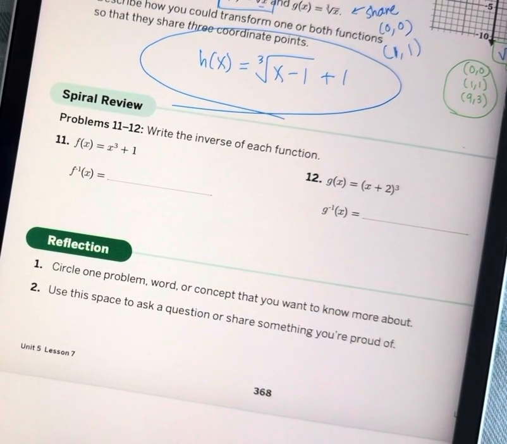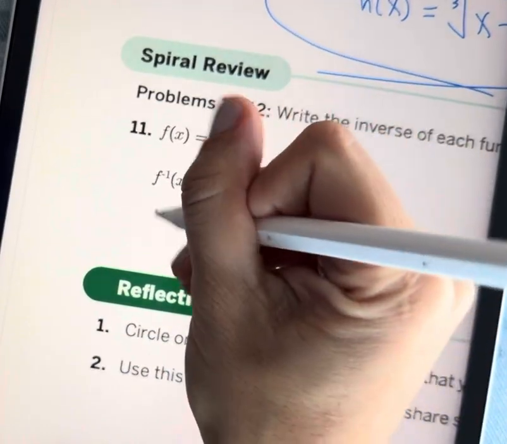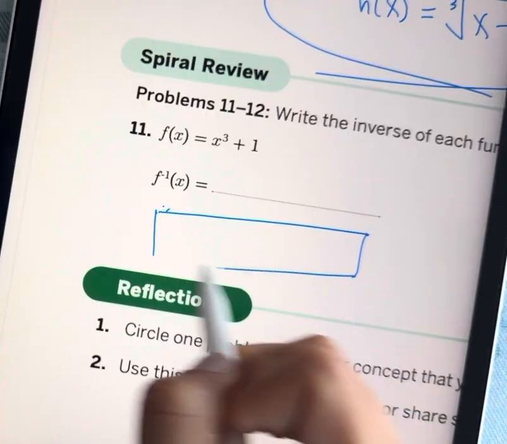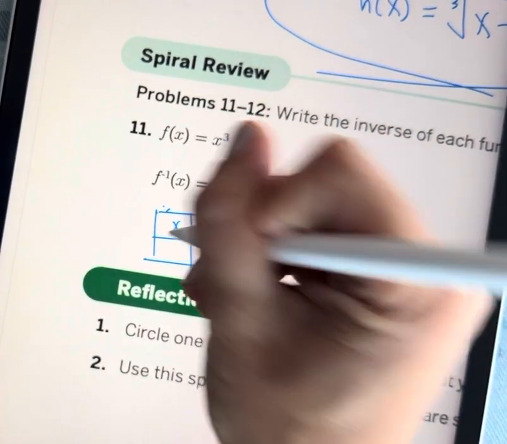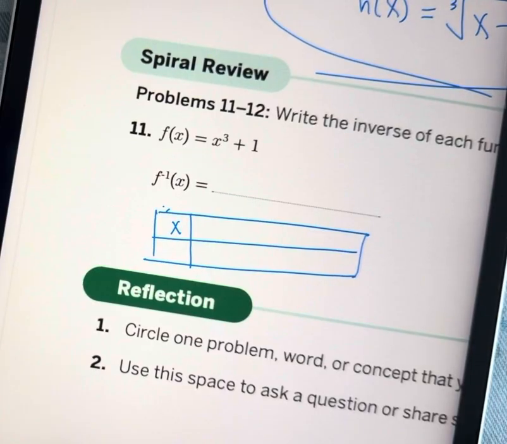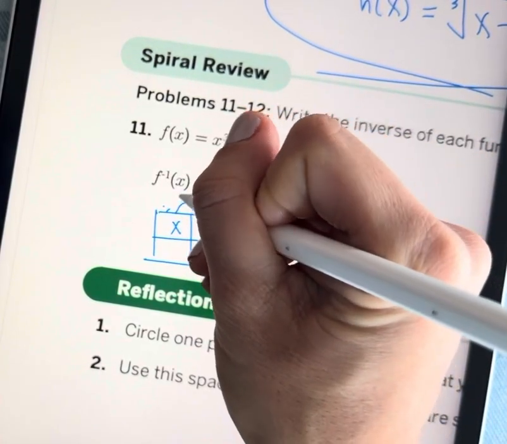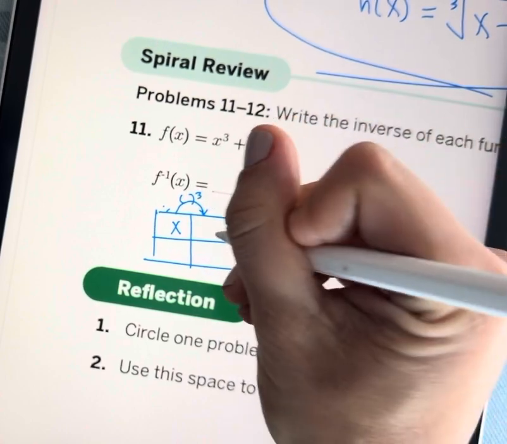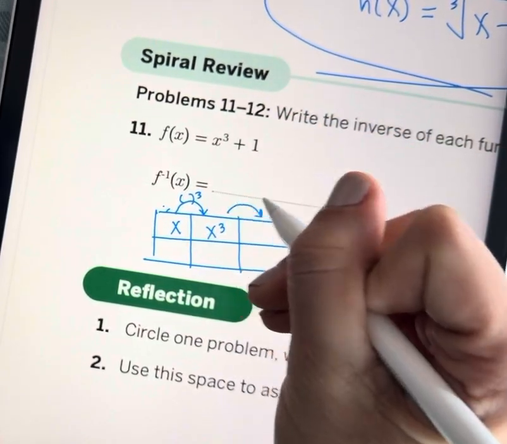Write the inverse of each function. Sweet. Okay, we start with x, okay? What's the first thing happening? Cube. And then what's the next thing happening?